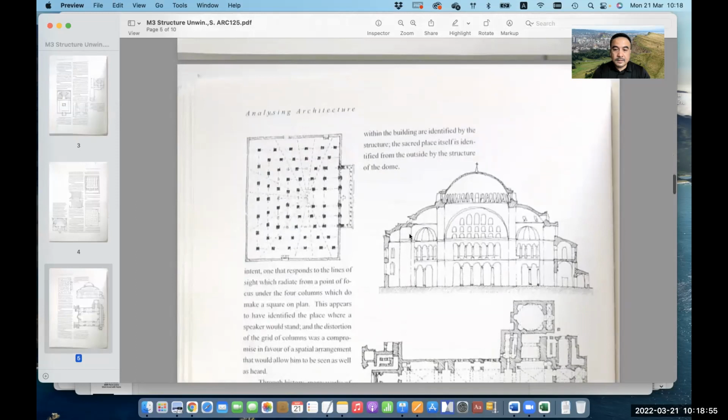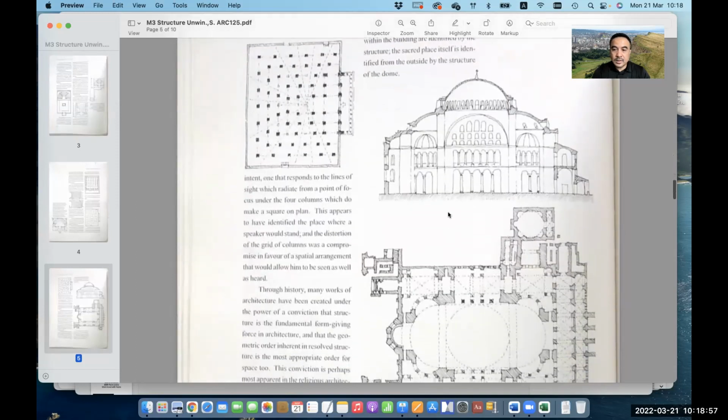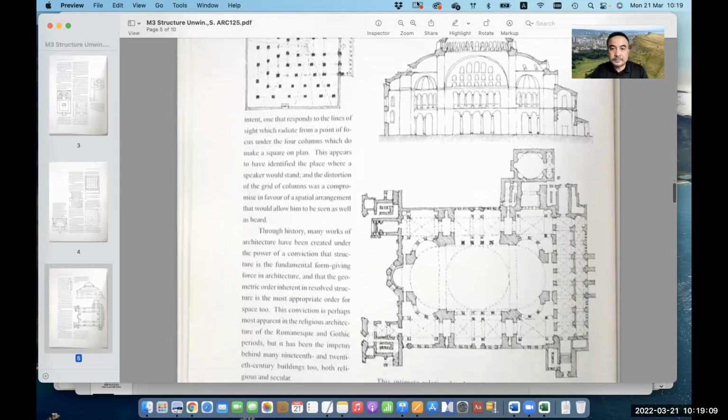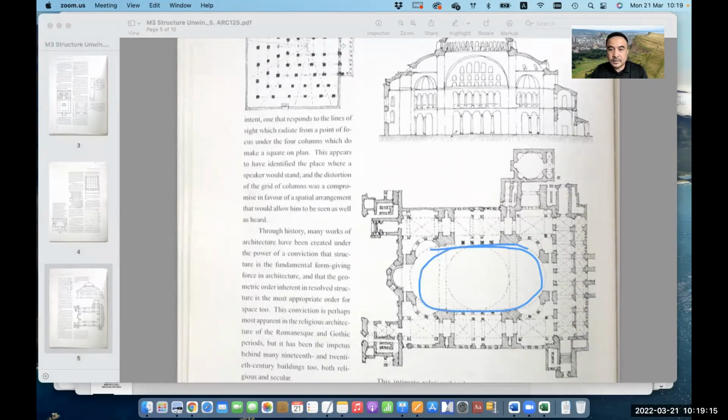Hagia Sophia wanted a large clear space inside, so they used multiple domes put together to provide the key space here. This is the key space for worshippers, so they created the roof to cover this space.